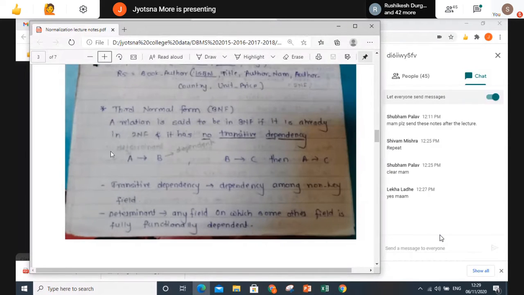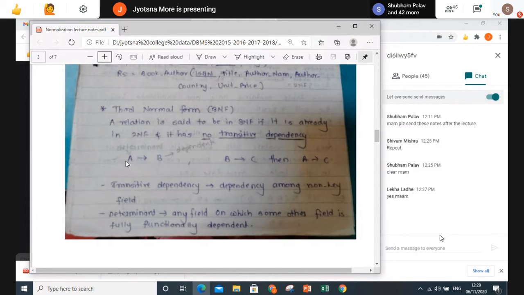Remember this concept for your MCQ questions. A is known as the determinant and B is known as the dependent, because A is determining B and B is dependent on A. One more thing: in this transitive dependency, the dependency is always among the non-key attributes.